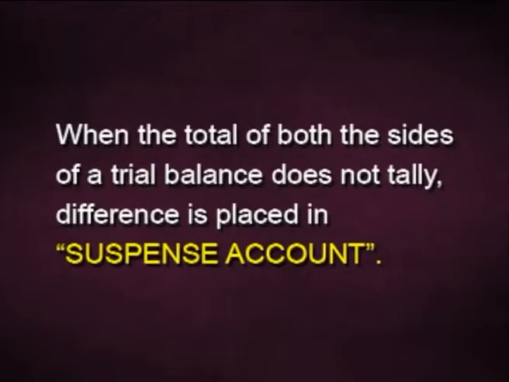Recall that when the total of both the sides of a trial balance does not tally, the difference is placed in suspense account. I hope you remember that a suspense account is a temporary account which is created for the purpose of completing the trial balance for the time being, so that errors can be located and rectified.